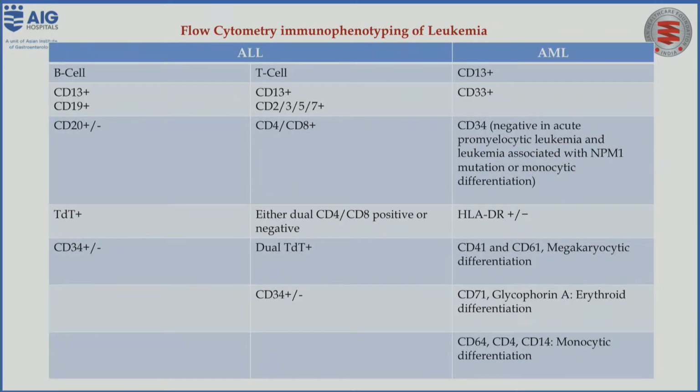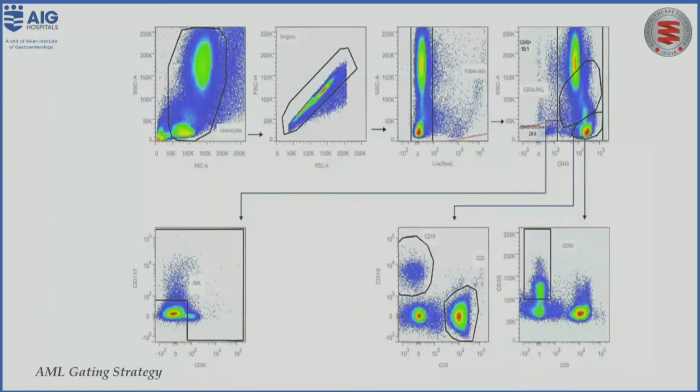This is another phenotype, like ALL and AML, using different markers. We have to choose the right panel to distinguish the difference between them, and this is the gating strategy where we gate for CD13, CD33, CD71.